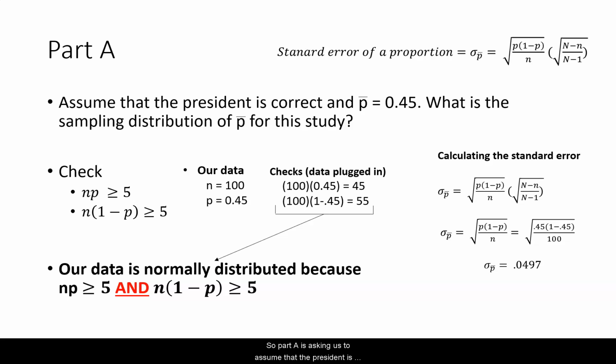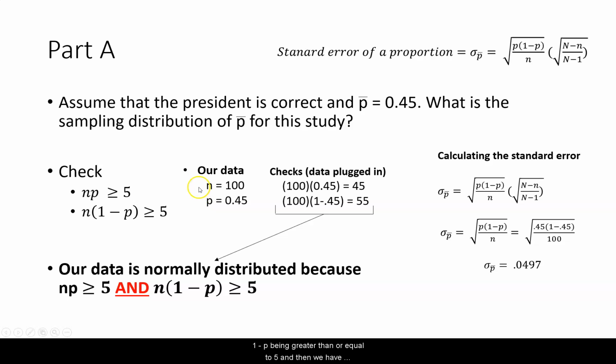So part A is asking us to assume that the president is correct and p does equal 0.45. What is the sampling distribution of p bar for this study? In order to do that, we need to check normal distribution. So we have our checks here, n times p being greater than or equal to 5, and n times 1 minus p being greater than or equal to 5.